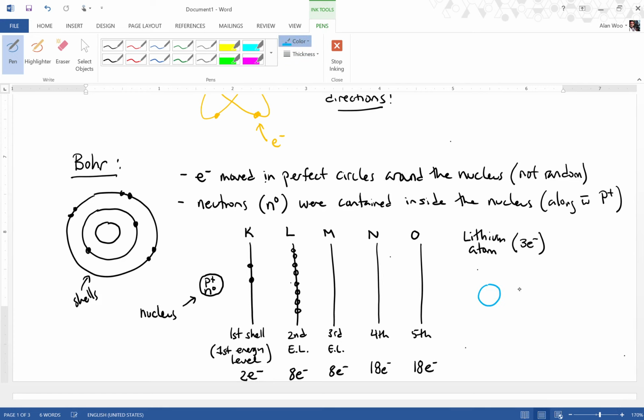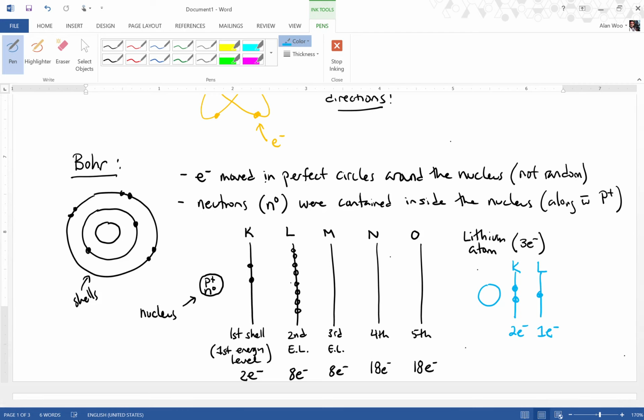Put in my 2 electrons here in the K shell, and put in 1 more in the L shell. So it has 2 electrons, 1 electron, and that would be my lithium atom.